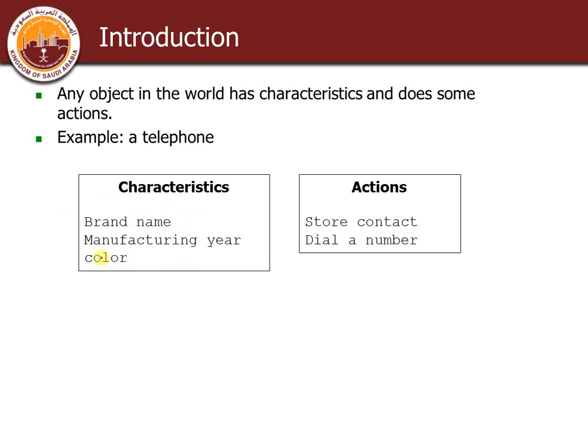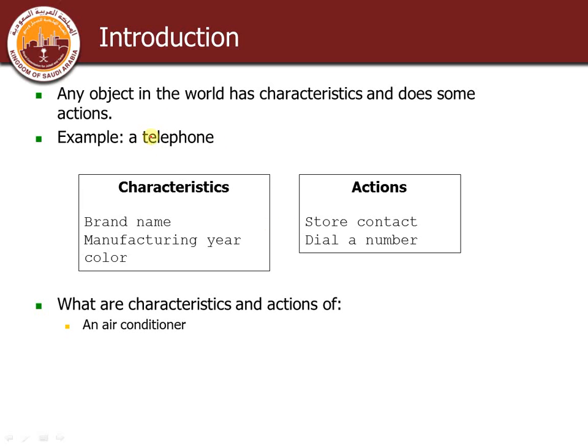The brand name, the manufacturing year, color, and for the phone, these are the actions you can do with it: you can store a contact and you can dial a number. So there are some actions that you can do, and there is some information about the concept of a telephone. This is the idea behind object-oriented programming.